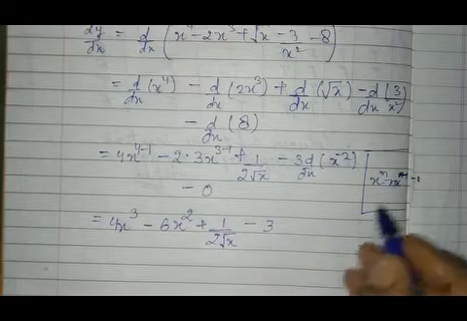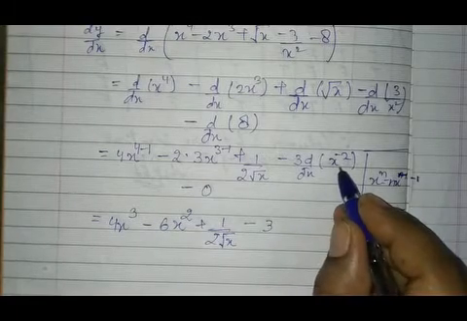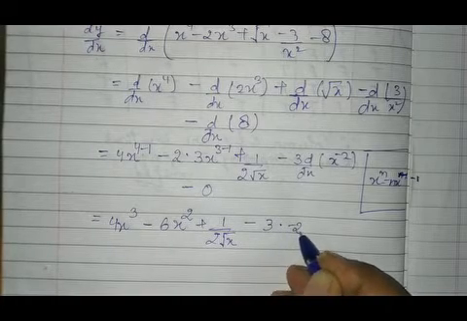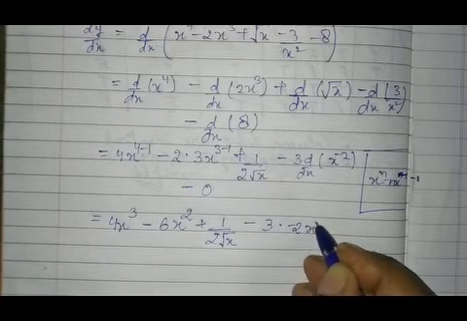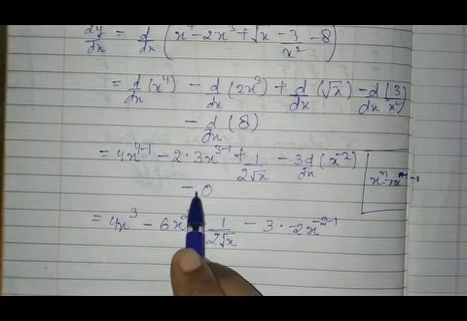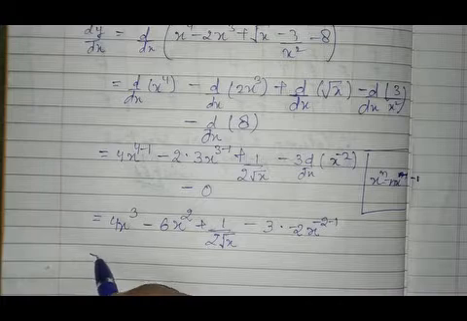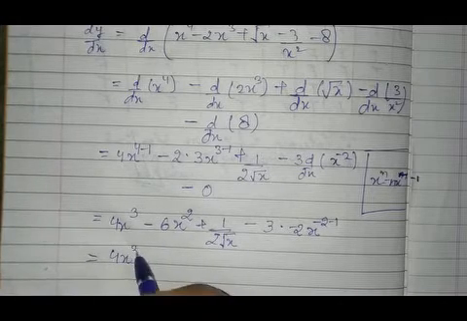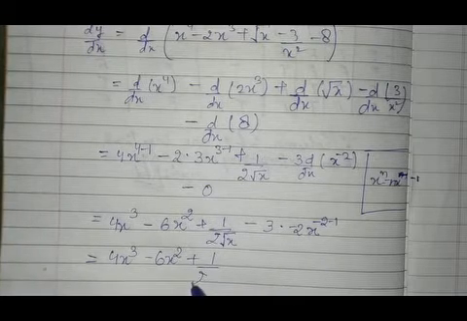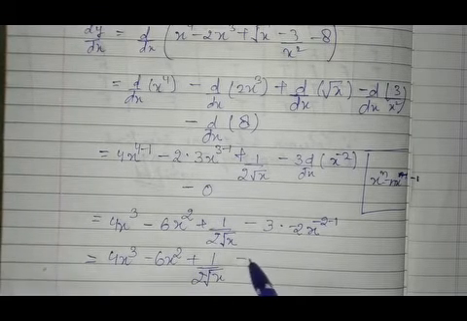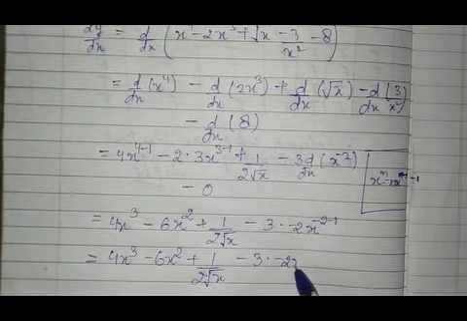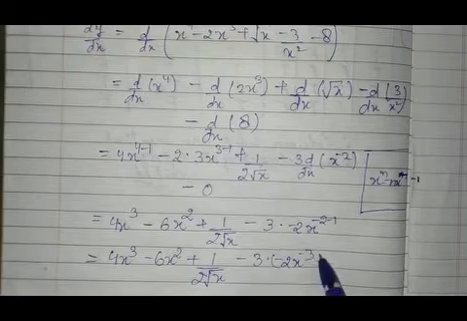Now we apply the same formula here also. Here n is minus 2. So minus 2 x raised to minus 2 minus 1. So now we know, don't write this 0. Now 4x cube minus 6x square plus 1 upon 2 root x minus 3 into minus 2x raised to minus 3.